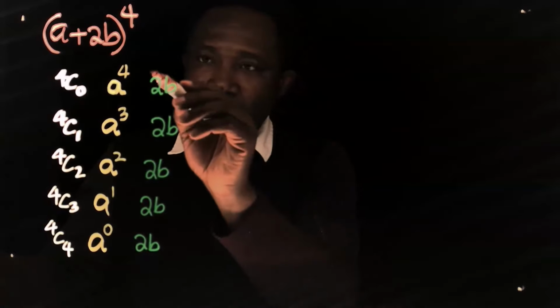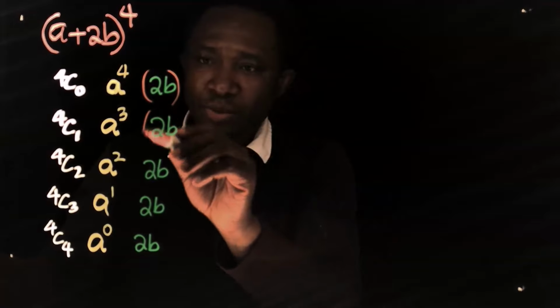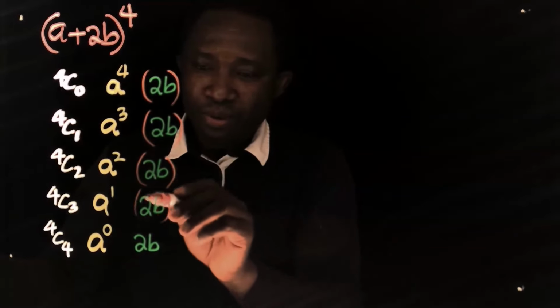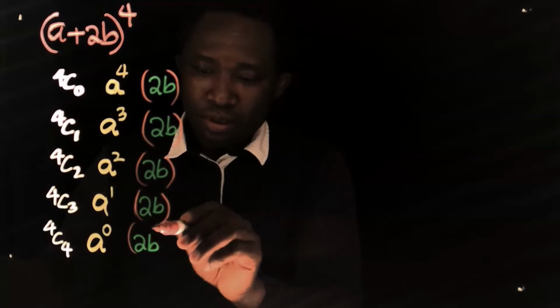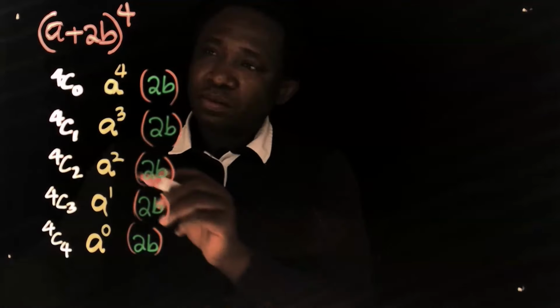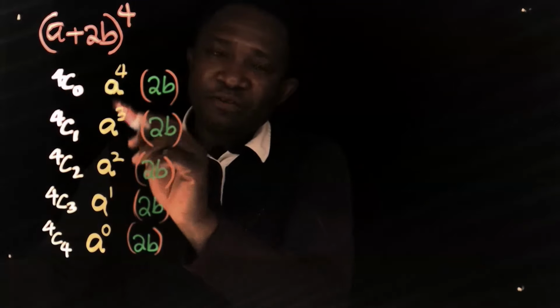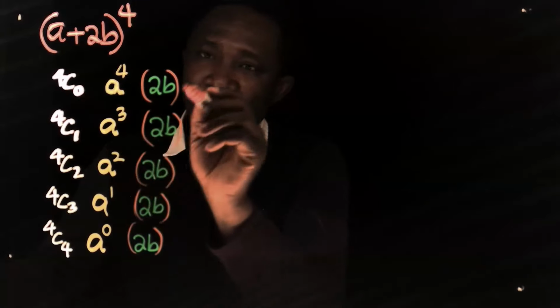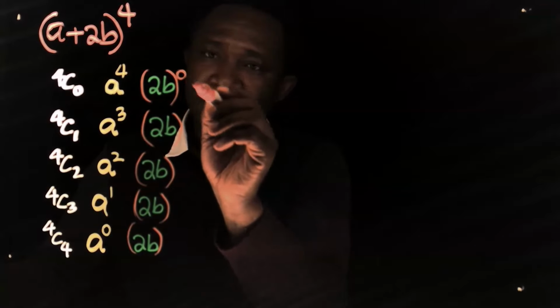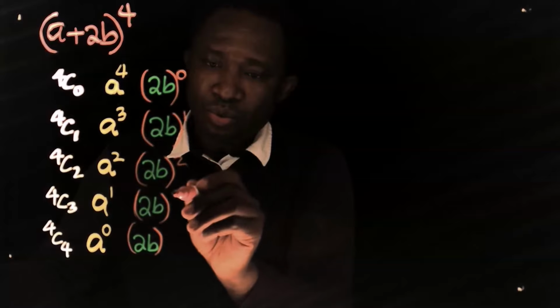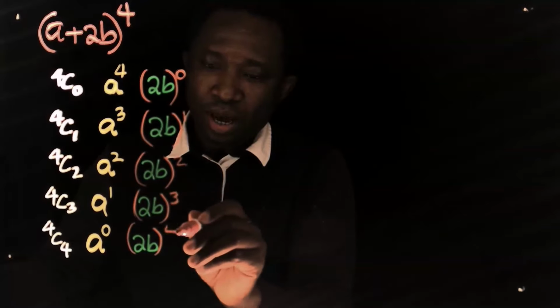Next, these 2b are together. Hence, I will put both in a bracket. This is 4, which went to the first variable, and this will be 0, 1, 2, 3, and 4.